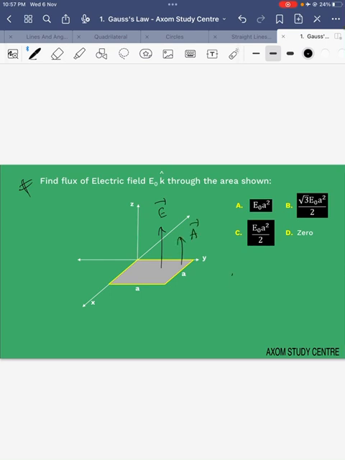So phi equal to EA cos theta. Theta here is 0 degrees, because E and A are in the same direction. So cos 0 is 1. Now what is the area? The area is A square, so this is answer 1.